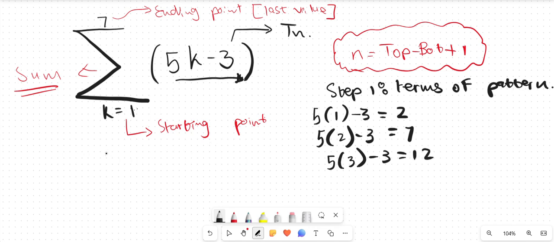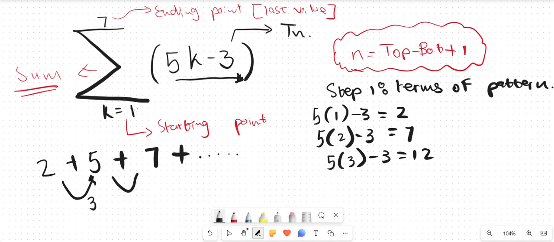So actually my pattern is 2 plus 7 plus 12, and this keeps going. So what is happening here? Sorry, I put the wrong values there. It was 2 plus 7 plus 12.